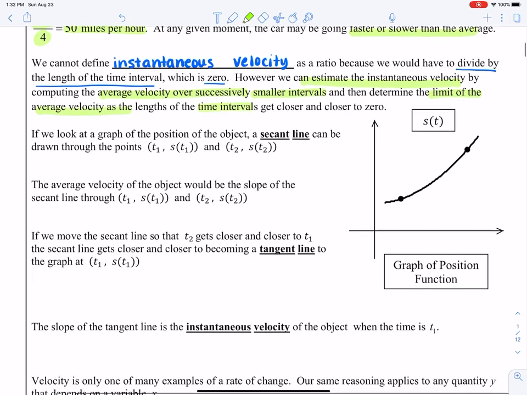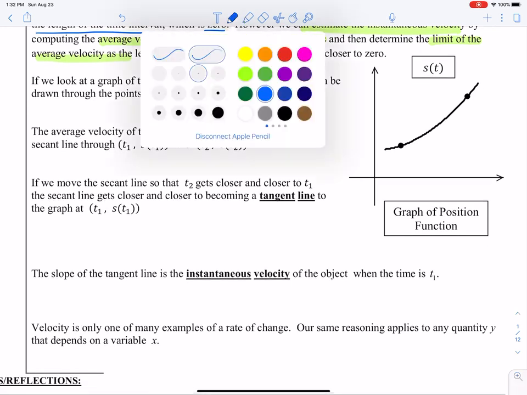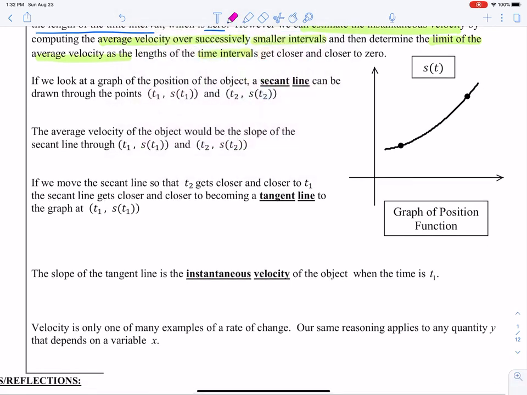So let's make this make a little bit of sense. Let's say I have a position graph over here to the right, and let's call this time number 1, and let's call this time number 2, and this is the graph of my S of t function. So right here, this would be S of time number 1 and S of time number 2.